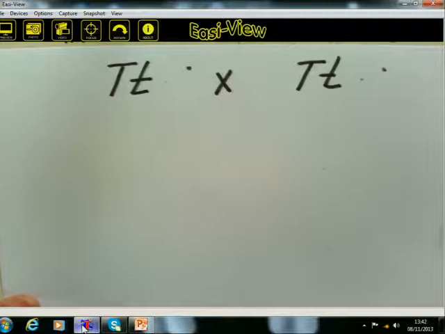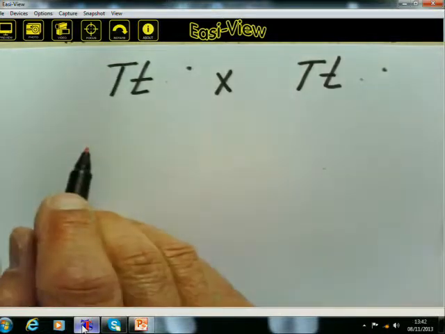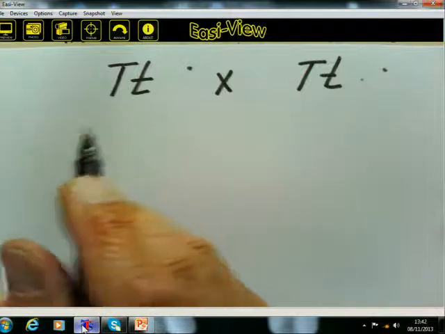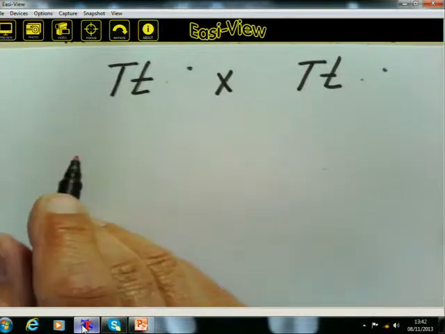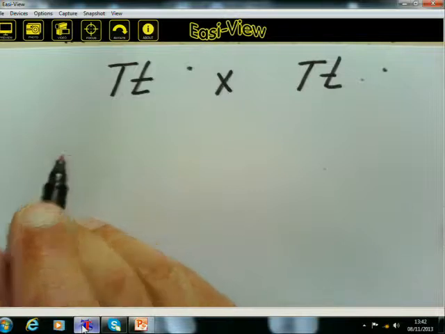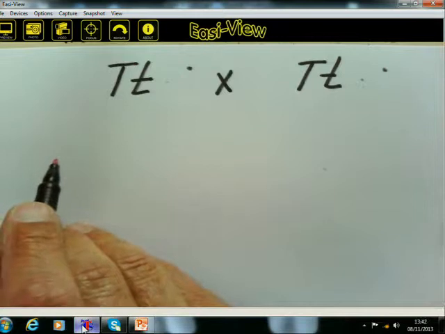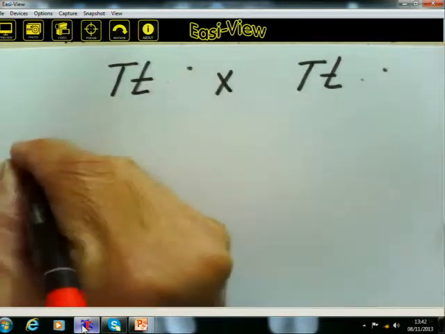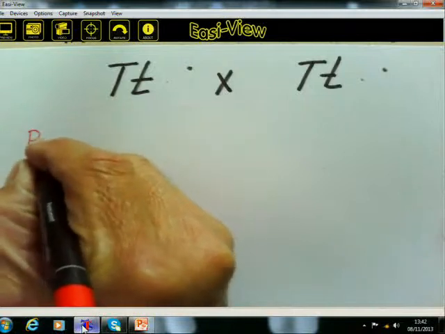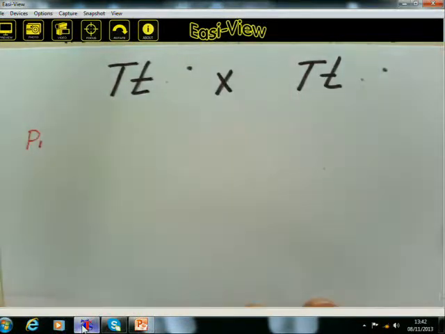Boys and girls, the principles stay exactly the same. In this case, I make use of the letter T, and I use the characteristic height of plants. You can substitute that with any other characteristic and any other alphabetical letter. Now in this case, let's say those two individuals are crossed. And I say to you that they're the parent generation, the P1 generation.